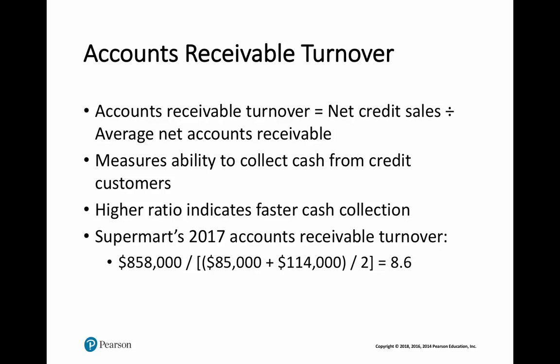If we take 12 divided by 8.6, that's about 1.27 months, so roughly once every 5 weeks a sale turns into cash. If someone buys something on April 1st, we're going to see that cash on average by the first week of May, about 5 weeks.